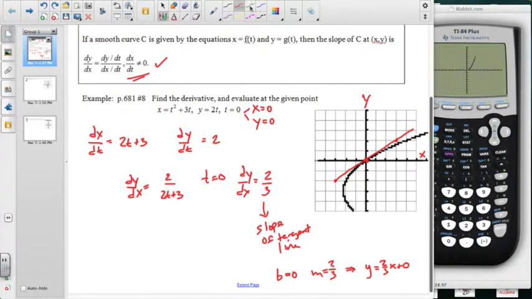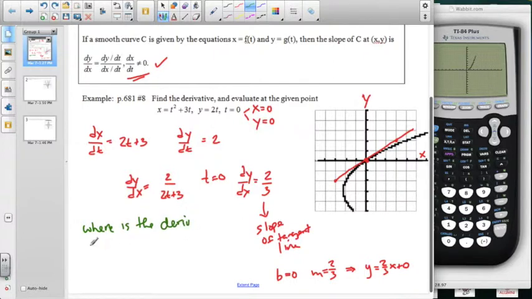If we want to take a look at where the derivative is undefined, then we can just take a look at this expression, 2 over 2t plus 3. Where is that undefined? Well, it's going to be undefined when the denominator equals 0.